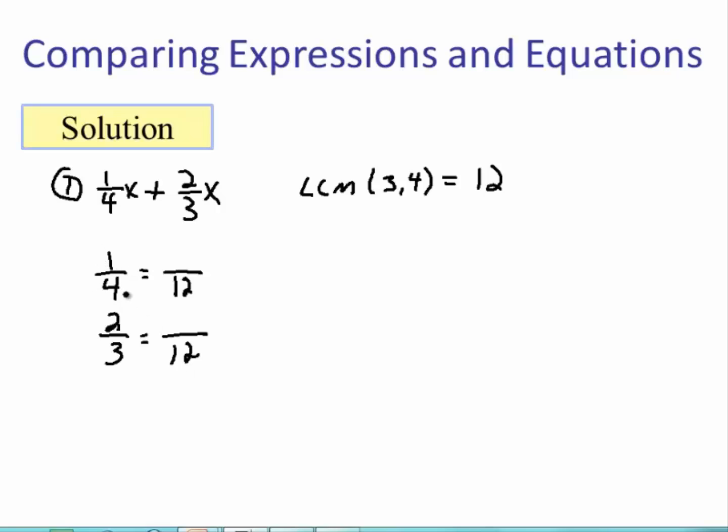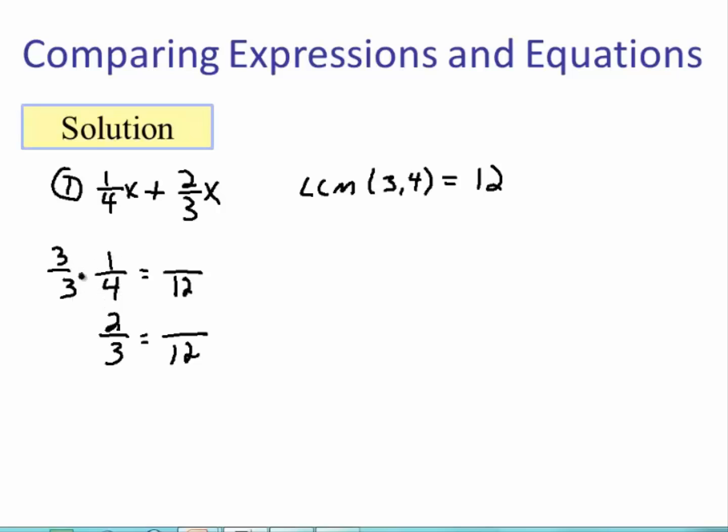To change 1/4 into some number over 12, what do we multiply 4 by to get 12? That's 3. But if I multiply the denominator by 3, I also have to multiply the numerator by 3. Now 3 over 3 is the same thing as 1, so I'm not changing this fraction.